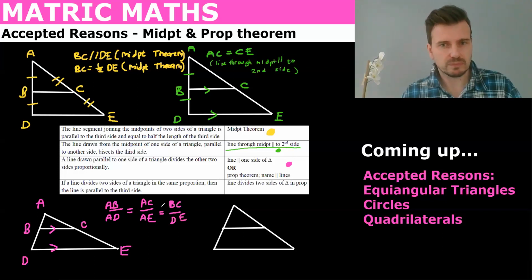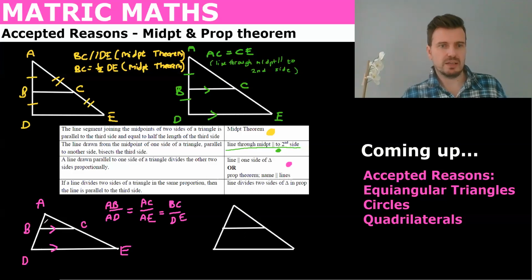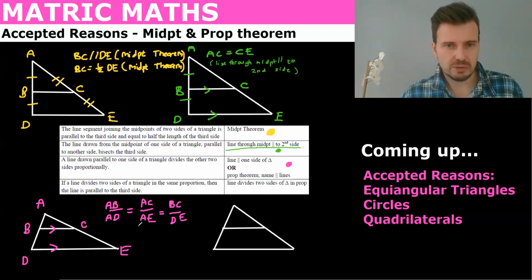Okay, so this here just deals with the proportionality of the two opposite, but we can also say that BC over DE is in proportion as well. All right, and that reason you could just say prop theorem.